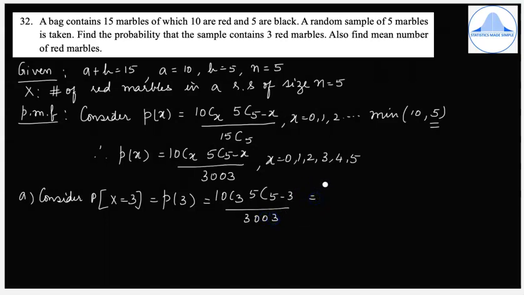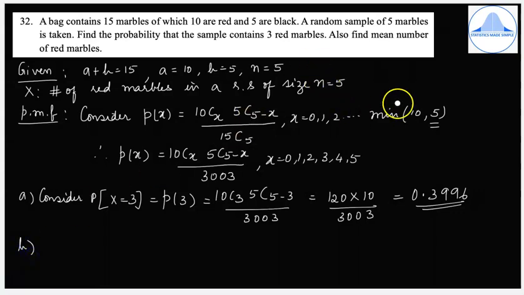So 10C3 is 120 into 5C2 will be 10, divided by 3003. So the answer is 0.3996.